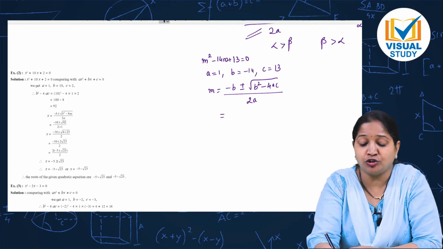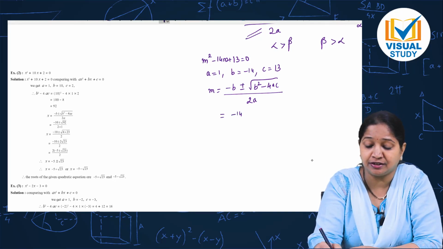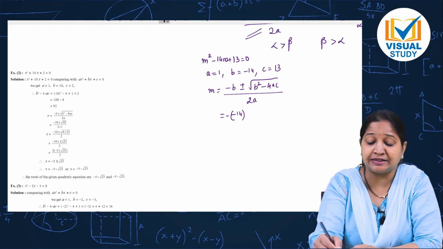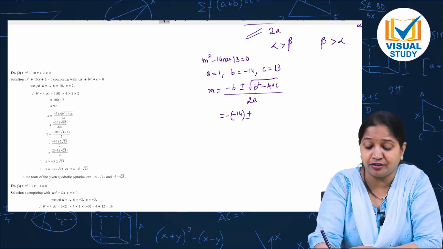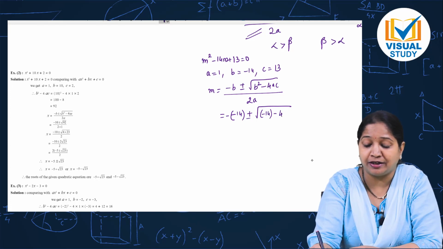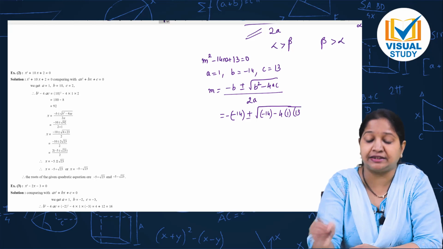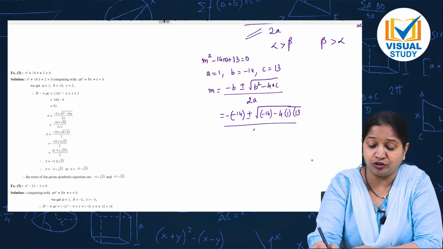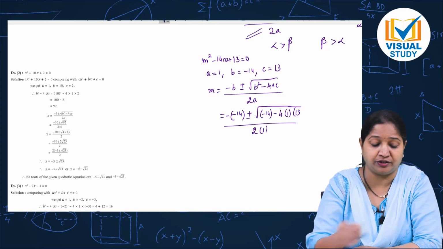So what is your b? b is minus 14, and here the minus is constant, so put minus as it is, and b as minus 14, plus or minus root of minus 14 whole square minus 4 into a which is 1, c is 13, and what is your a? Here 1.